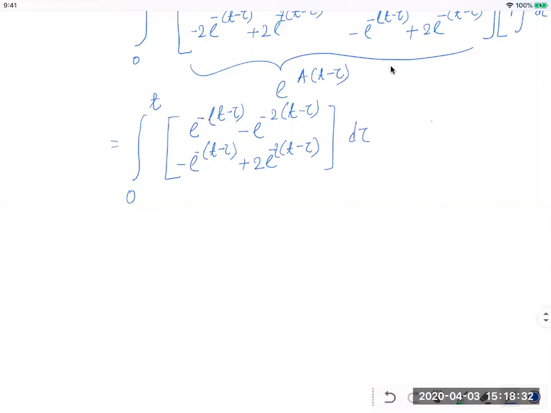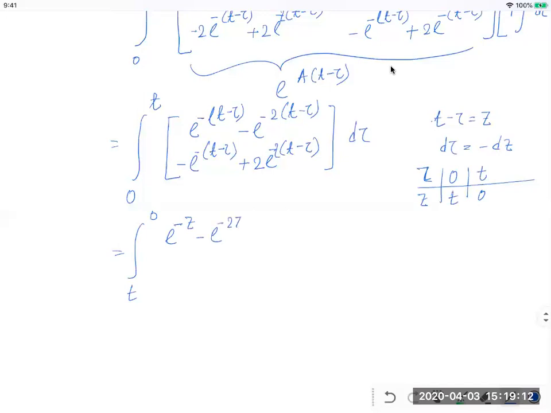Now assume t minus tau is equal to z. So d tau is equal to minus dz. Now change the limit from tau to z. When tau equals 0, z equals t; when tau equals t, z is equal to 0. So applying this, t to 0, e to the power minus z minus e to the power minus 2z.